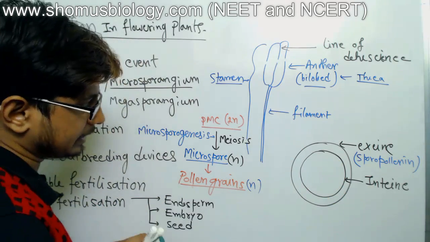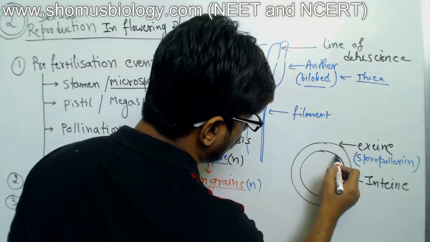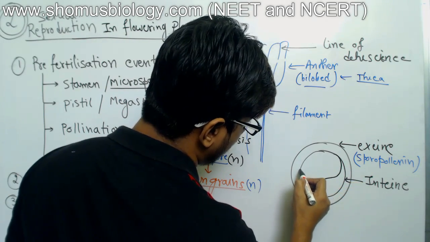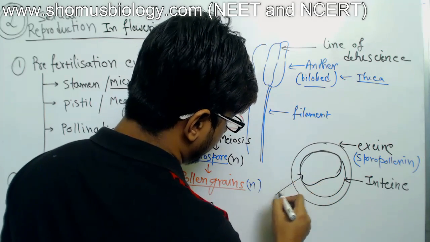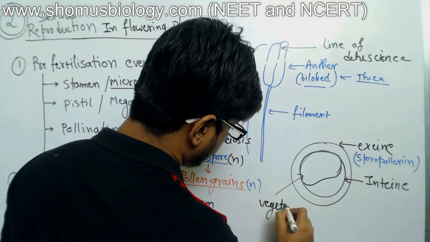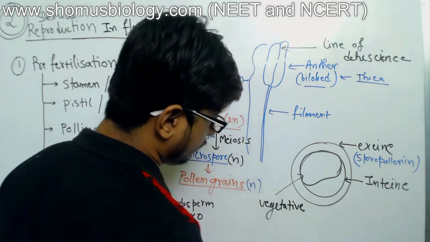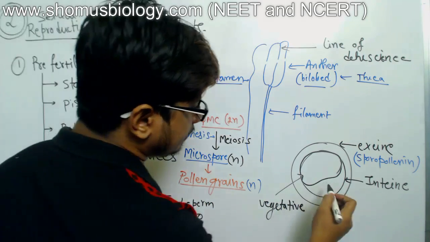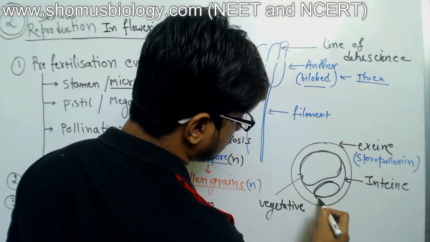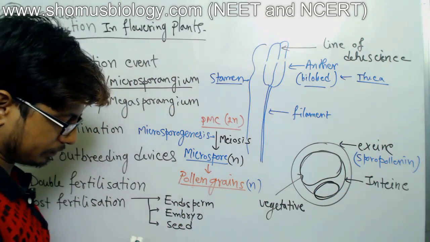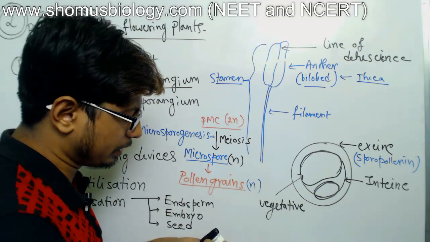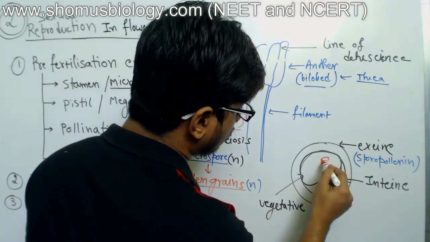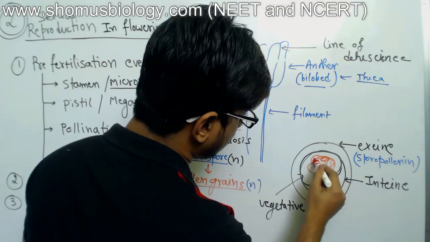This cell inside divides into two, one carrying most of the cytosol, known as the vegetative cell, and the other a small section of the cell that remains there. The vegetative cell contains a large section, and the nucleus inside is also huge. It's big.